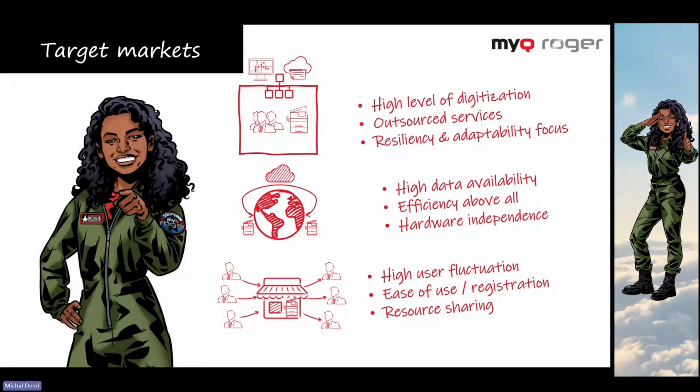You just pay for what you've done, for what you've printed, copied, or scanned, and you might never return. Next time you'll be sending from New York instead of London, and you'll be doing the same, just in a different place. So that's the target audience of MyQ Roger. But it's not only that, because there are a few more users who can use it, as you will see over the course of my presentation.